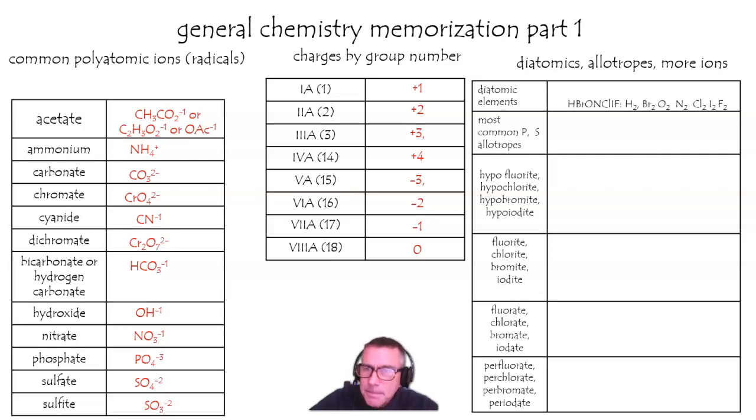There it is. H. Bronclife: hydrogen, bromine, oxygen, nitrogen, chlorine, iodine, and fluorine. What are the most common forms of P and S? Well, P tends to be, like on the tip of a match, P4, and S tends to be S8. Just a good thing to know.